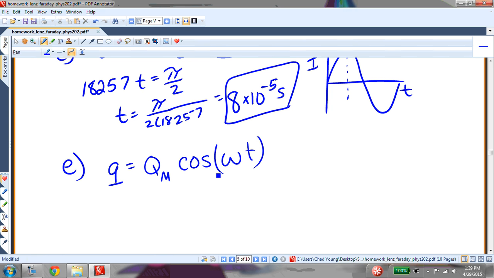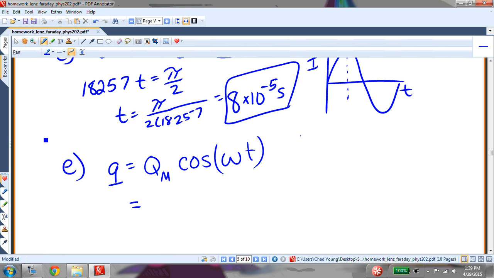So the charge on the capacitor will be 0. So since the energies switch back and forth, that's why I have a sine function for the current and a cosine function for the charge. All right. And also because it's a derivative.